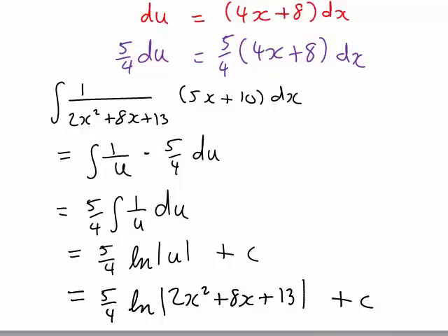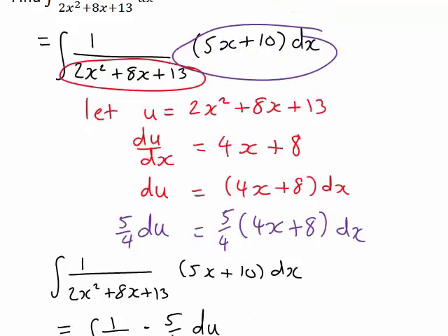So let's look at the general process we used here. The key part of this was to recognise that the numerator expression 5x plus 10 was actually a constant multiple of the derivative of the denominator, 2x squared plus 8x plus 13.